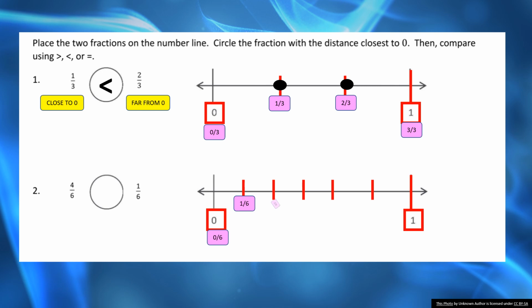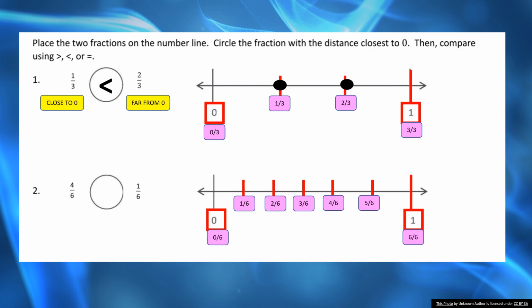So after 1 sixth would be 2 sixths, then 3 sixths, then 4 sixths, then 5 sixths. And after 5 sixths, under the number 1 should be 6 sixths. All right, now we've labeled our number line.